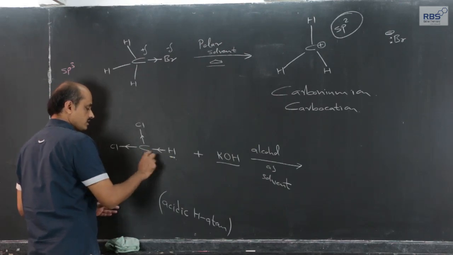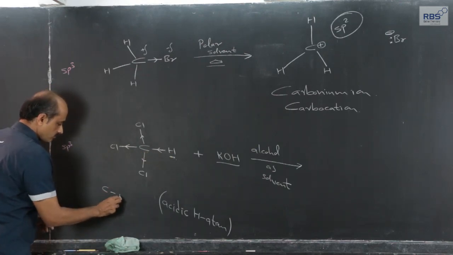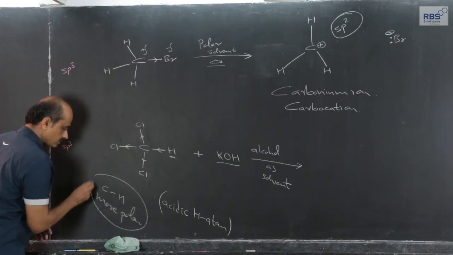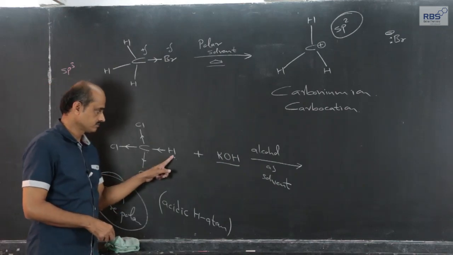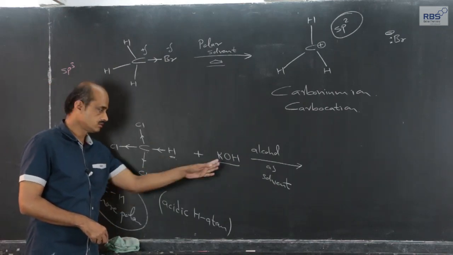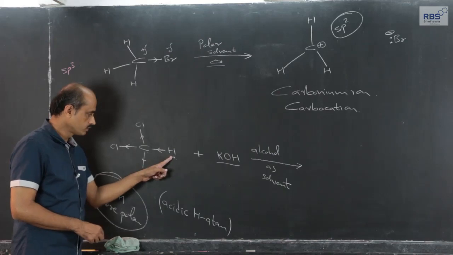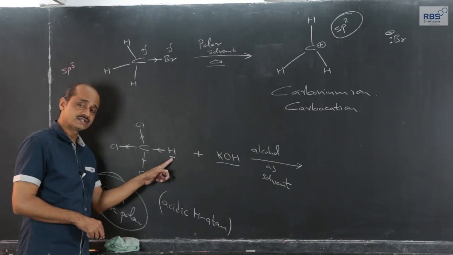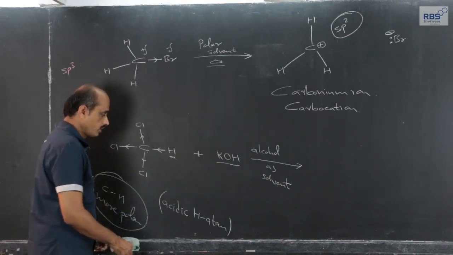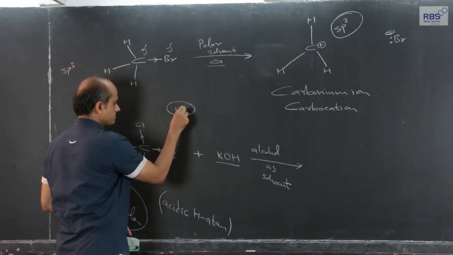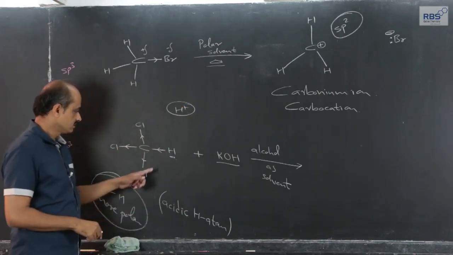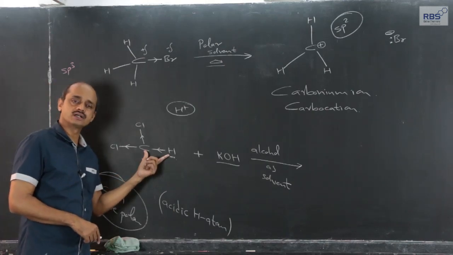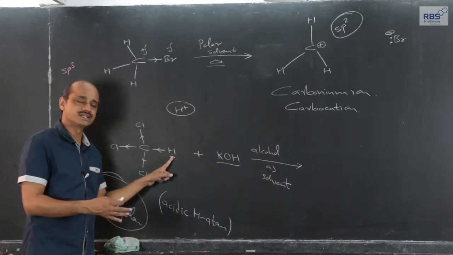Therefore, this CH bond becomes more polar, and therefore during a reaction, depending on the other reagent, this hydrogen has tendency to go out in the form of H plus ions. That is why in such cases where CH bond is highly polar, hydrogen is called acidic hydrogen atom.